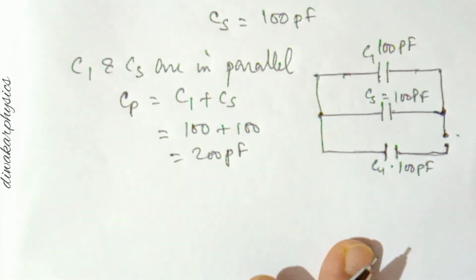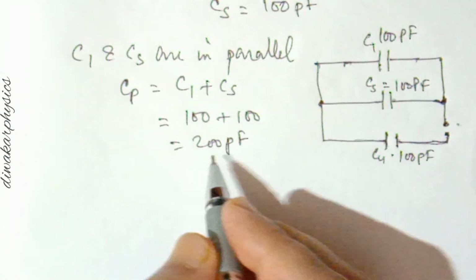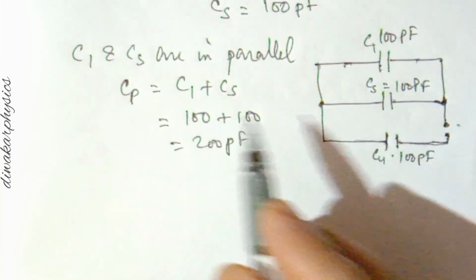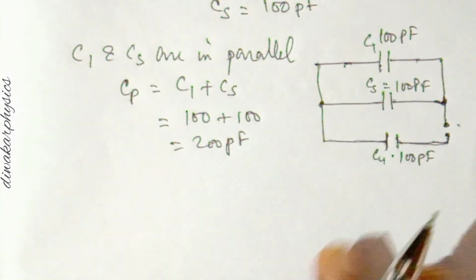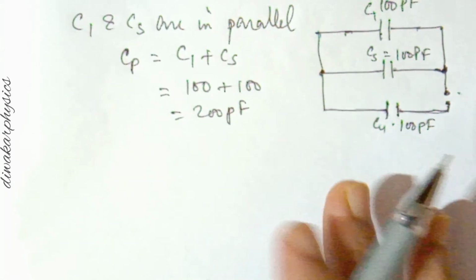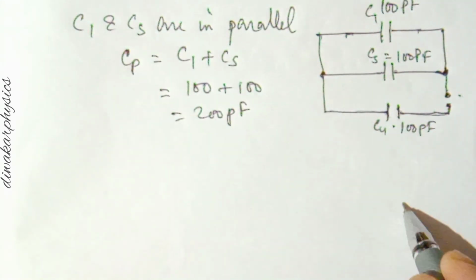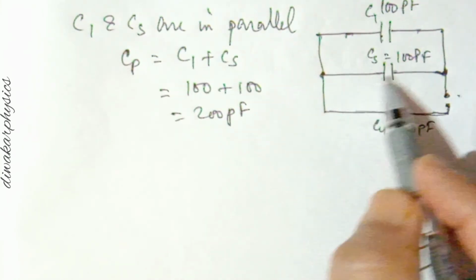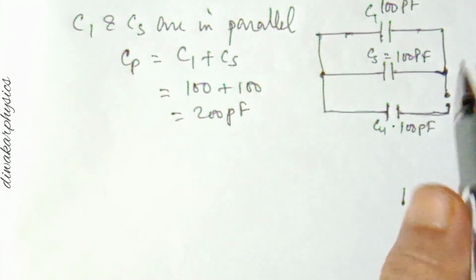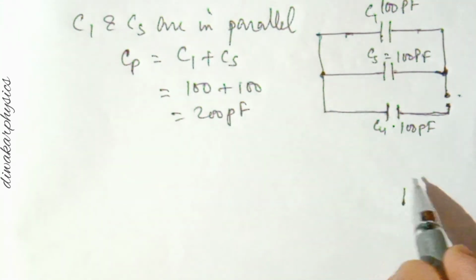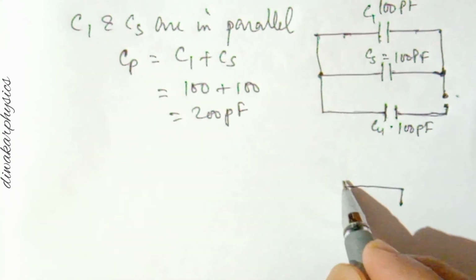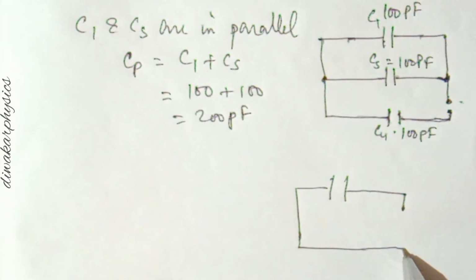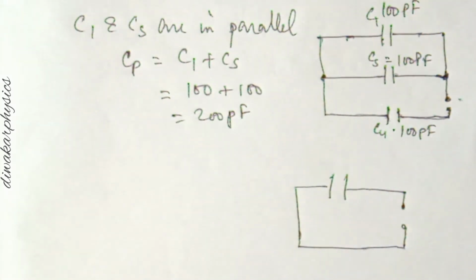Now what have we got? What is the meaning of this? Now we can replace these two with a single capacitor of 200 picofarad. That is the meaning of equivalent. Now your circuit will change like this. We have taken one capacitor of 200 picofarad in place of these.